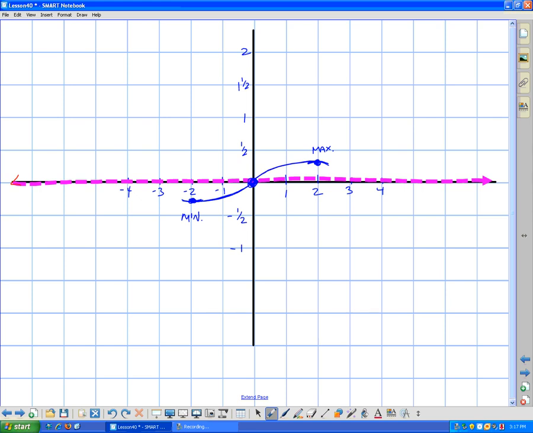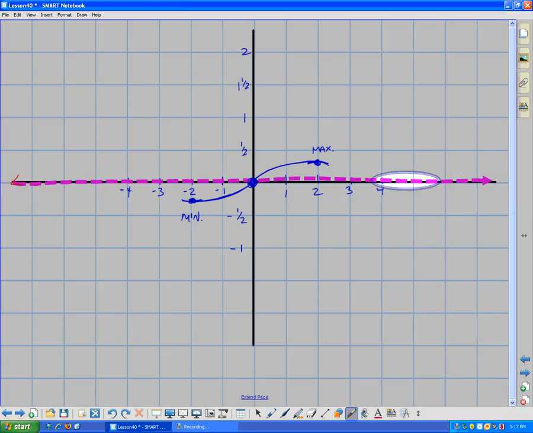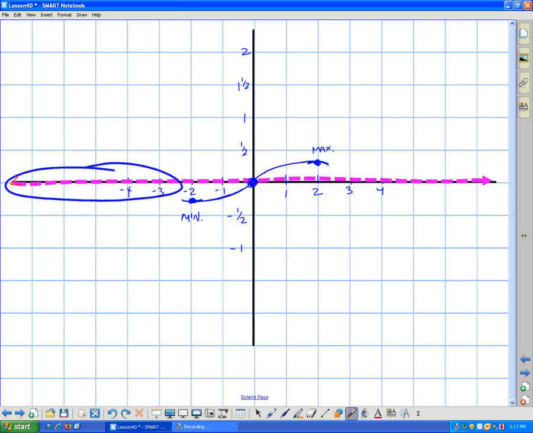Now, how does this end? Well, there's no other x-intercepts, so the rest of this graph will not cross the x-axis, which is also our horizontal asymptote. So at 3.5, it's going to change to concave up, which means the curvature is going to change.